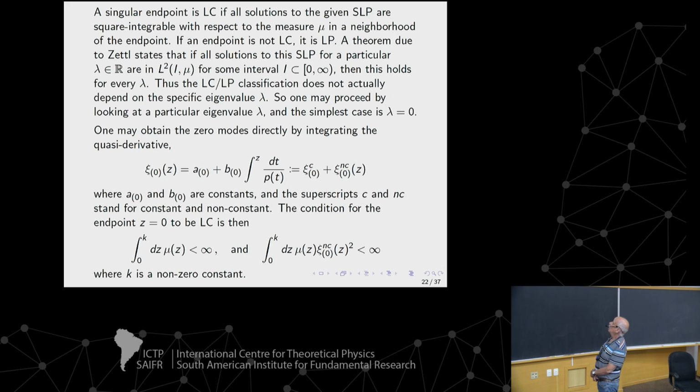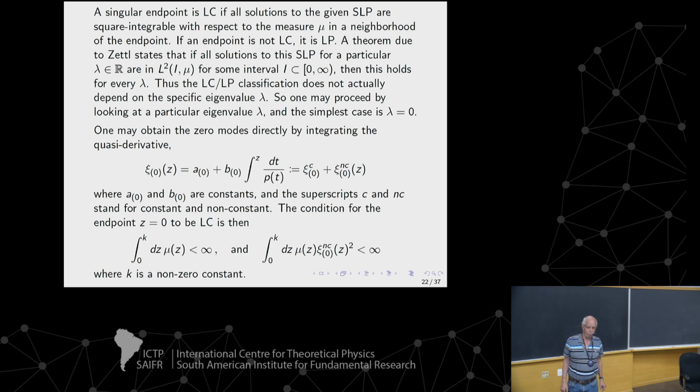So now, the singular endpoint, there's a certain terminology that Zettl and others, starting with Hermann Weyl, introduced of limit circle and limit point. The reason for limit circle, you basically have to go back and look at Weyl's paper.